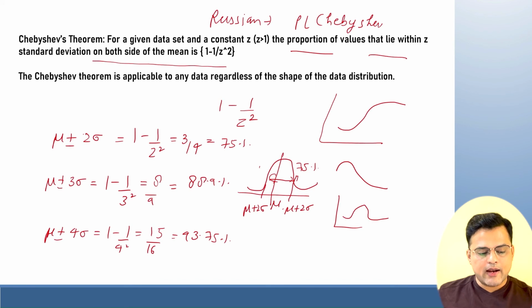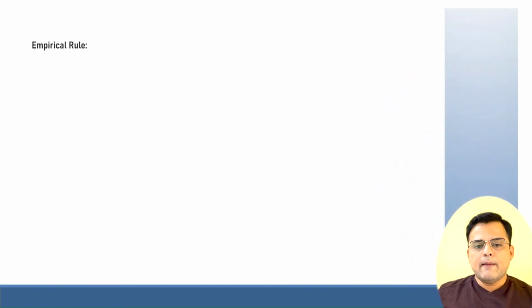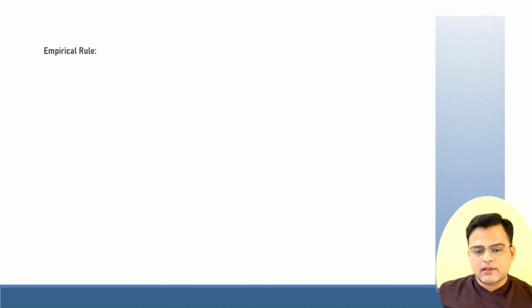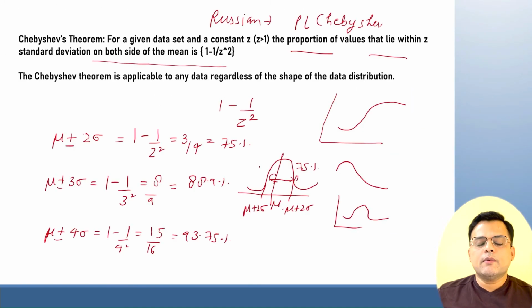Now we will see another topic, which is called the empirical rule. Chebyshev theorem is applicable both for symmetrical and asymmetrical distributions.